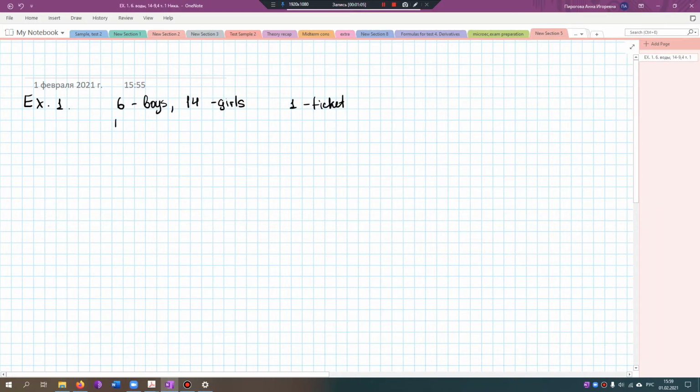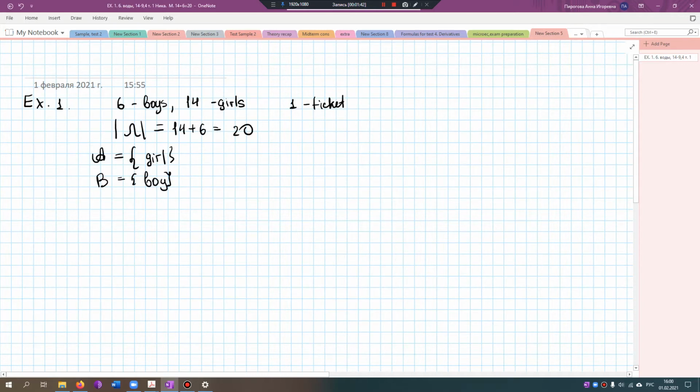From this we may calculate that our set size is equal to 14 plus 6, which is equal to 20, and our event A will be that it will be a girl, and event B is that it will be a boy.